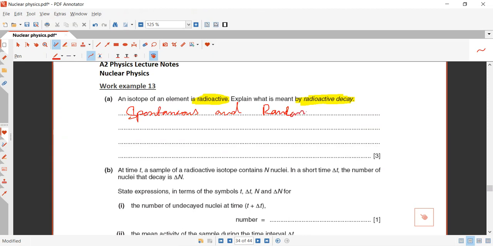So spontaneous and random breakdown of a nucleus, and 1 mark is for writing alpha particles, beta particles, and gamma radiations.